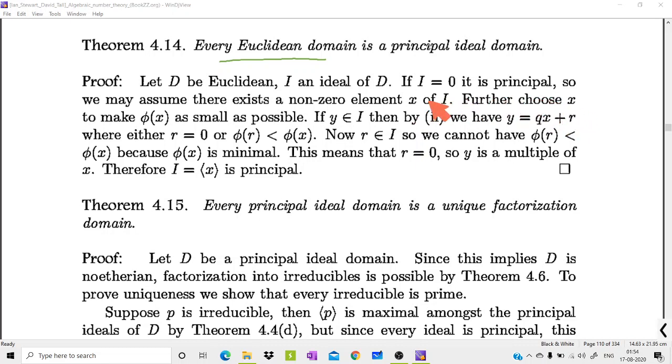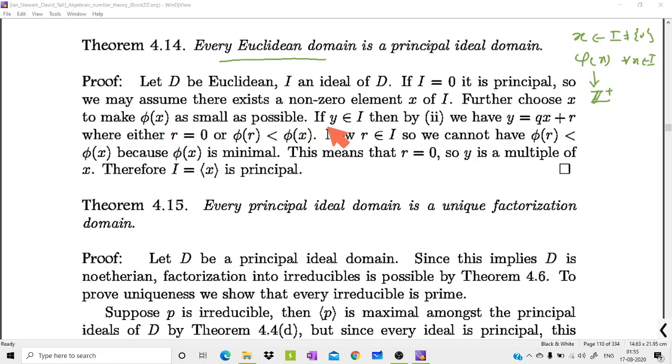If x belongs to I, meaning I is not equal to the singleton set 0, then you can evaluate phi of x for all x belonging to I. This is a function from D minus 0 to N, the positive integers, so it has a least element. We can make phi of x as small as possible.